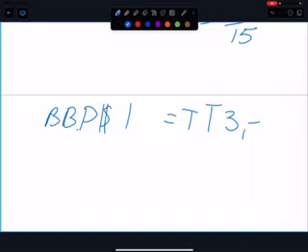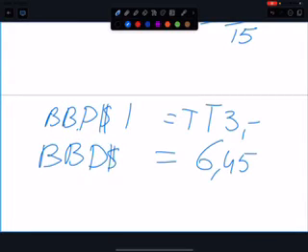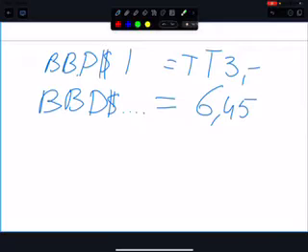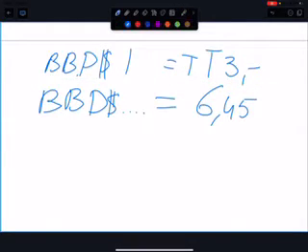So what am I looking for? I'm looking for 645 Trinidad and Tobago dollars, going back to Barbados dollars. How much is this? That's what I'm looking for. Table, you've done this a million times. You can either use it like this, or you can switch it up by doing it like this.